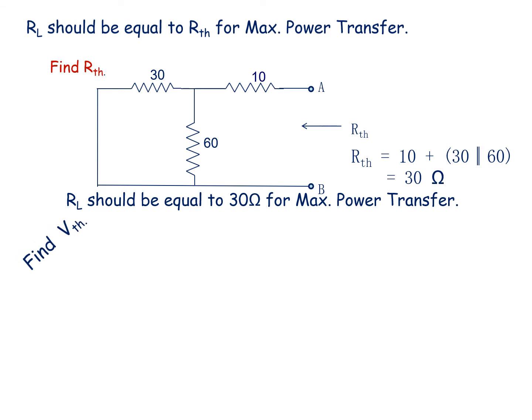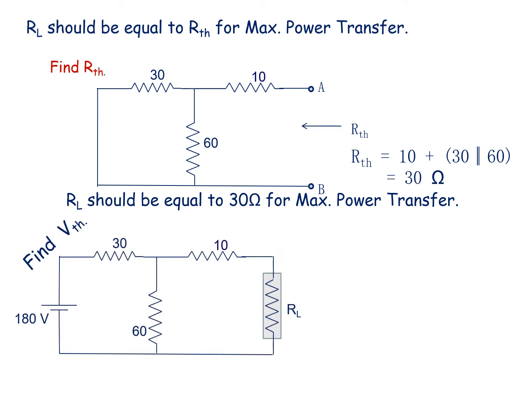Let us find the V Thevenin. Load terminals AB, open the load, find V Thevenin. In this loop, the current would be 180 by 30 plus 60 will be 2 amperes.